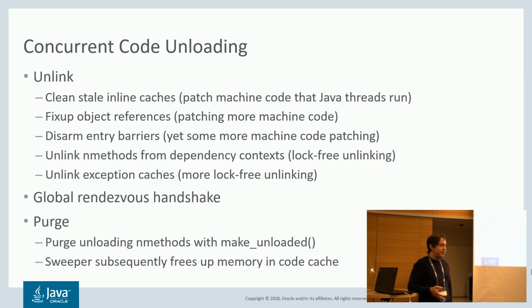And we fix up the object references, also concurrently by the GC thread running. We also disarm the barriers that the GC thread comes across. And we also unlink dependency contexts. And this is a bit of a lock-free dance going on, where the GC thread is unlinking this while the Java threads are potentially mutating it as well. But it all makes sense, I promise.